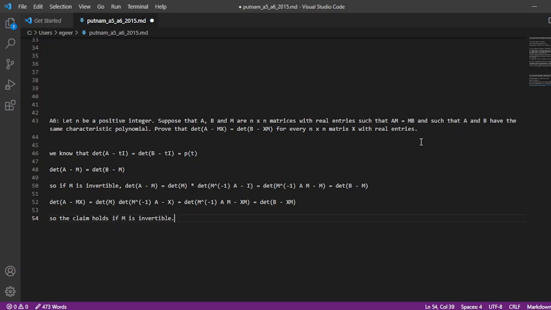So the problem is, what we can cleanly assume is that X is invertible, but it seems that for the argument to work cleanly, we need to assume that M is invertible, and that's kind of annoying.